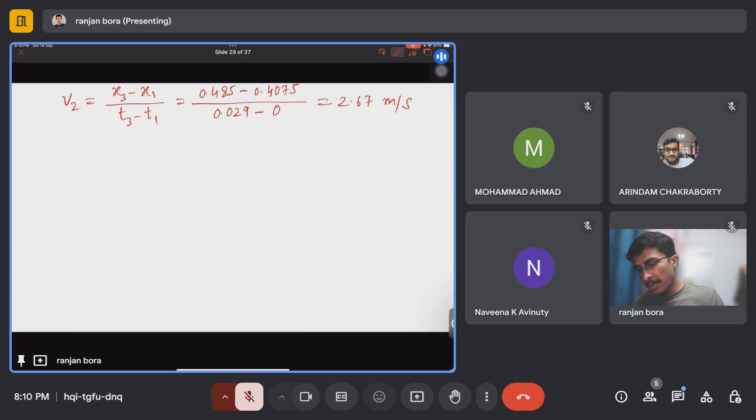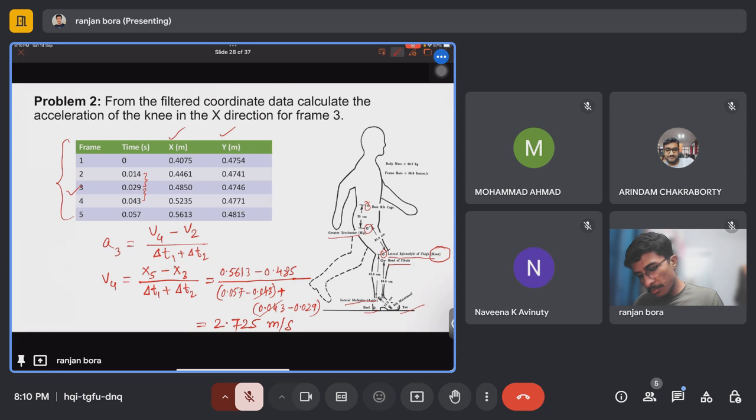So we have found V4 and V2. Now we can find out A3.